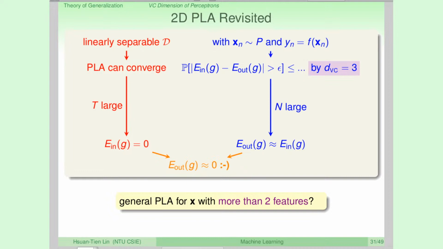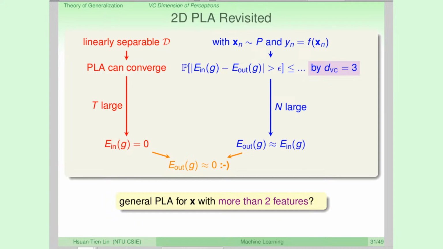Okay, so now we mentioned that the beauty of the PLA algorithm is that it can be applied to more than 2 features. If you have 2 features, 10 features, 100 features, 1126 features, it doesn't matter. You run the same algorithm, everything is vector operated.